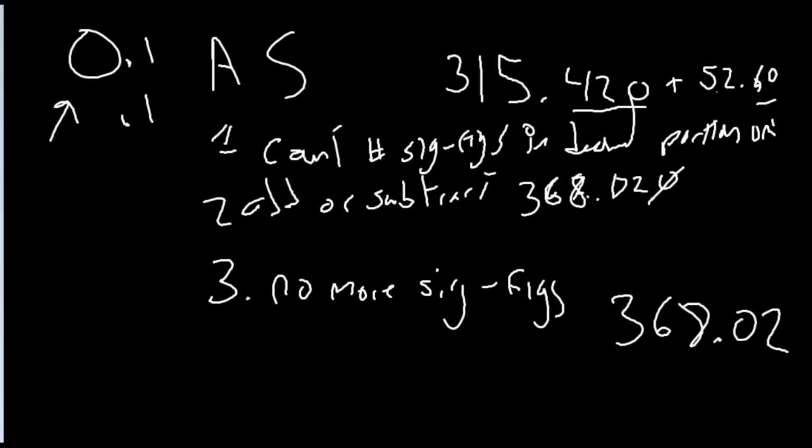Alright. Okay, so now for multiplication and division. Both of these work the same way. However, they do work a little bit differently from addition and subtraction. Basically what you would do is look for the number with the least amount of sig figs.